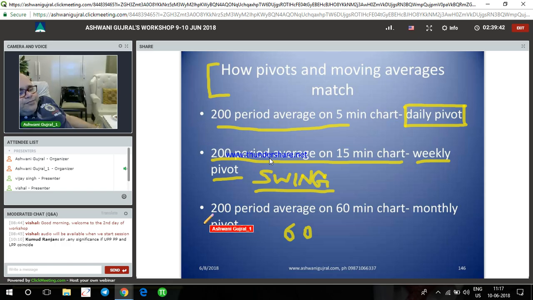Same theories, everything same applies on all of these time frames. Choose your time frame and use the same tactics. We will talk a bit about positional and swing also, but basically it's the same thing.